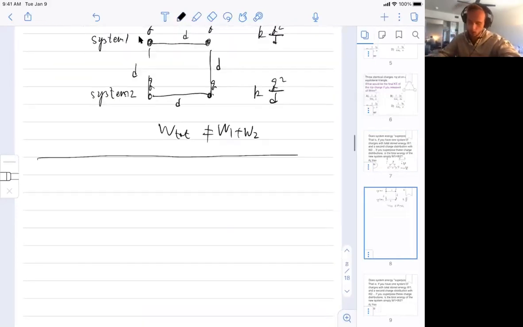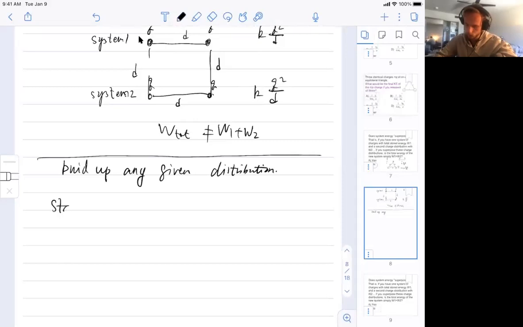So what we're trying to do now is derive a general formula for calculating the energy stored within a charge distribution, however many charges we are given. So we want to build up any kind of given charge distribution.